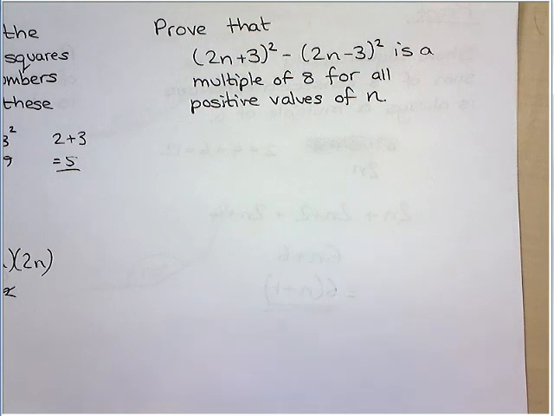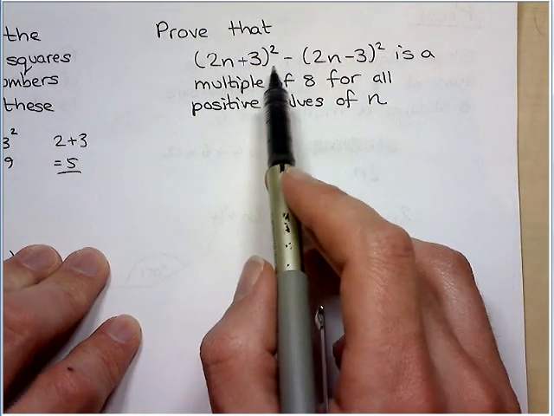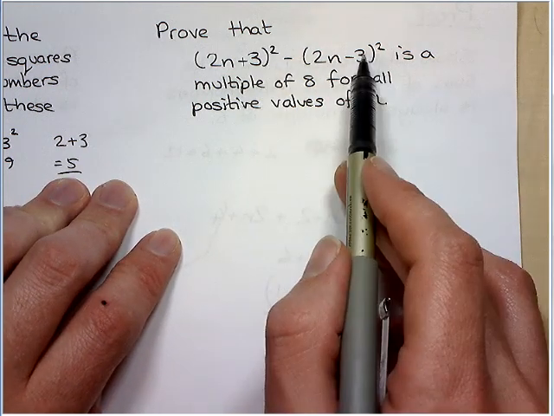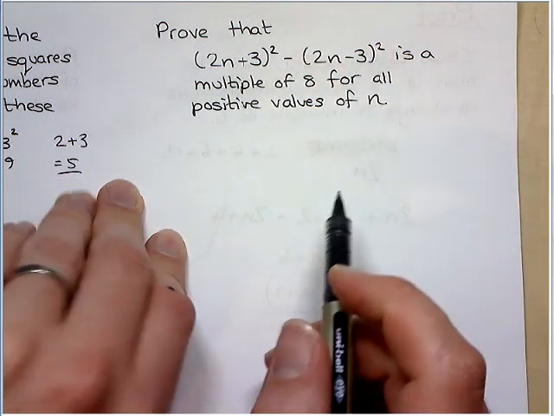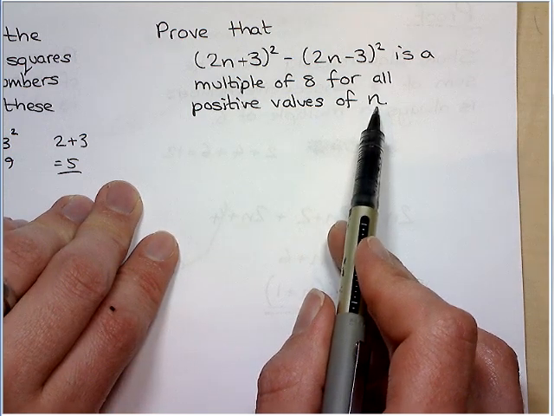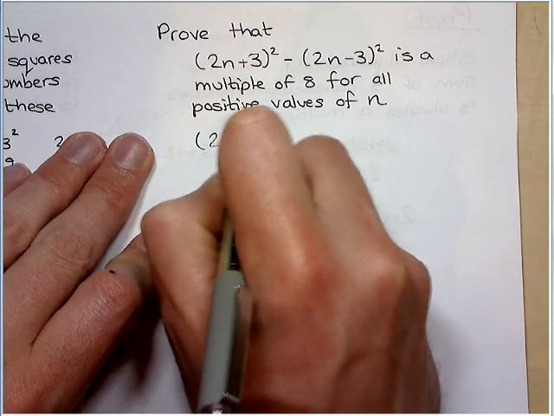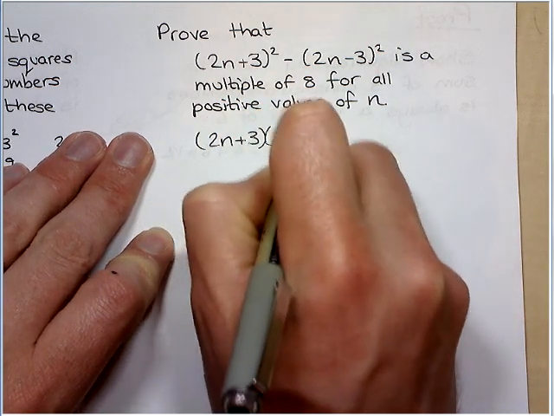Now, sometimes they ditch all the words and just give you the algebra. So we're having to show that this is a multiple of 8 for any positive value for n. That doesn't mean pop numbers in. It means prove algebraically. So we're going to do pretty much the same as what we just did. Squared means times by itself.